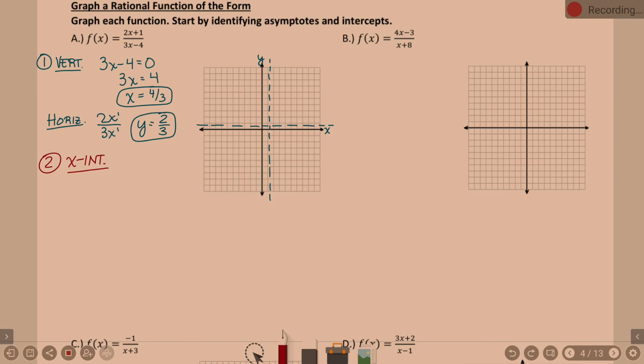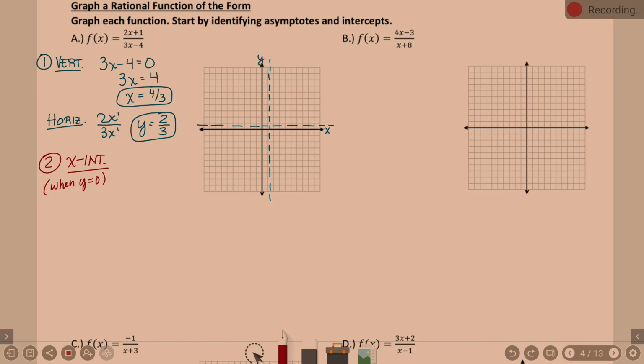On the x-axis, what is the y value always? 0. So I'm going to give you an easier way. For an x-intercept, we're looking for when y equals 0. That's technically what you're doing. Now, y in this equation is f of x. So when does y or f of x equal 0?